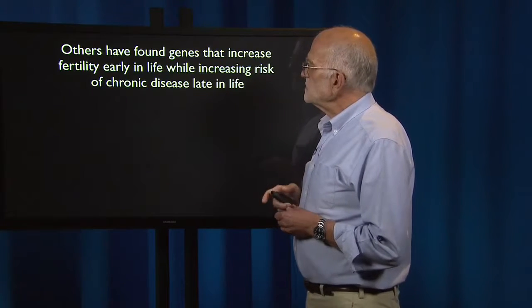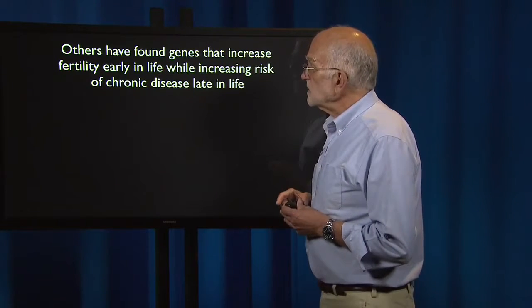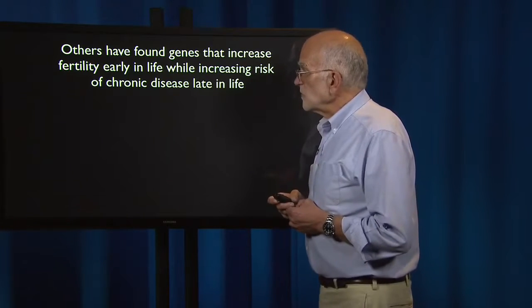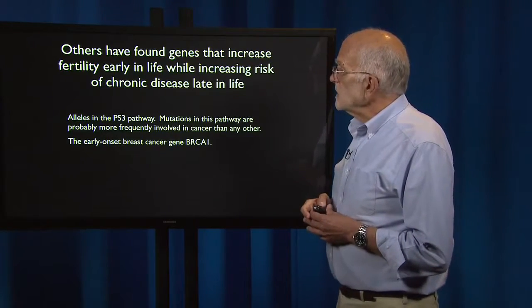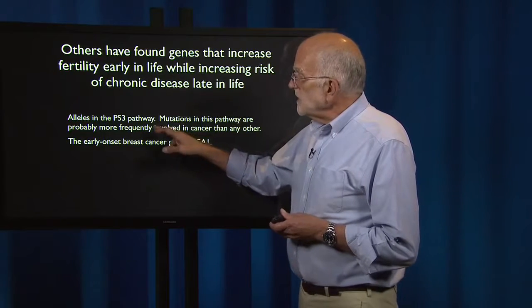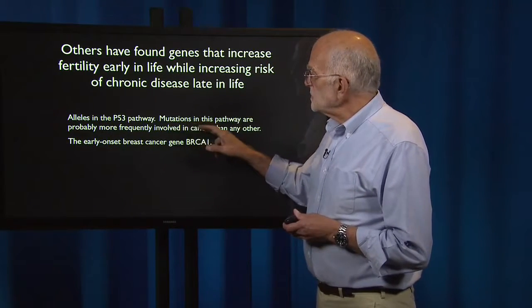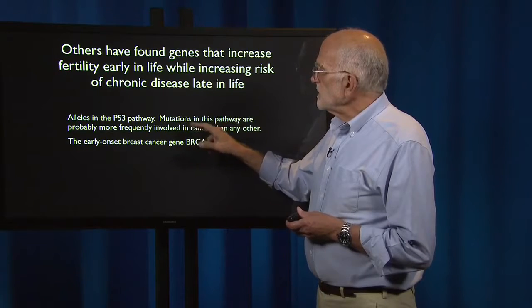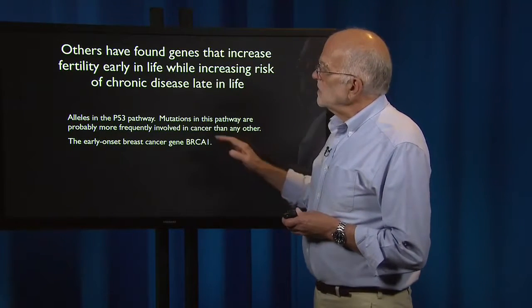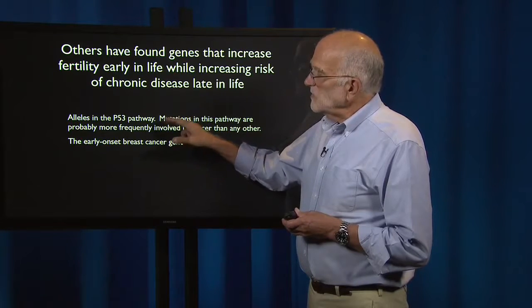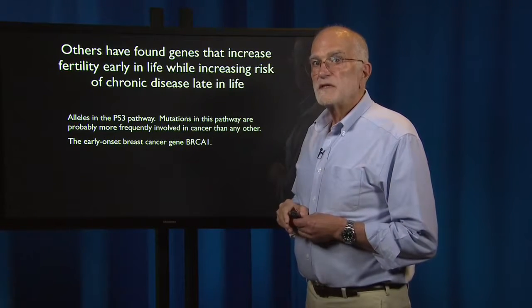Others have also found genes that increase fertility early in life while increasing risk of chronic disease late in life. For example, alleles in the p53 pathway. Here, mutations are probably more frequently involved in cancer than in any other gene. And here, the benefit early in life has to do with implantation success.